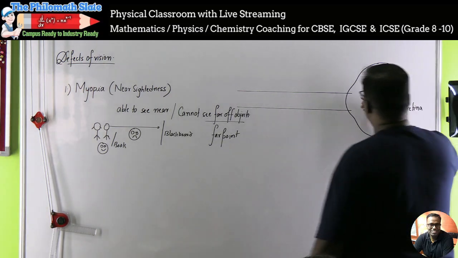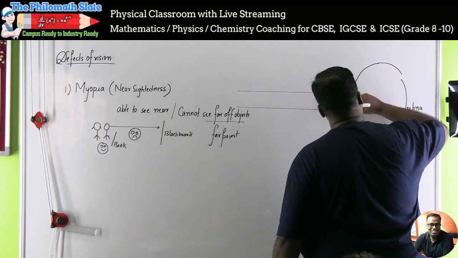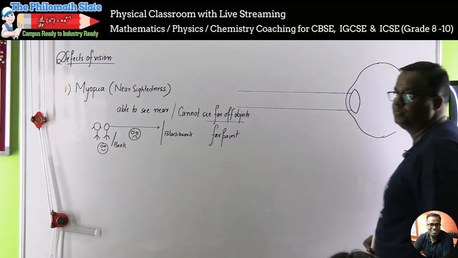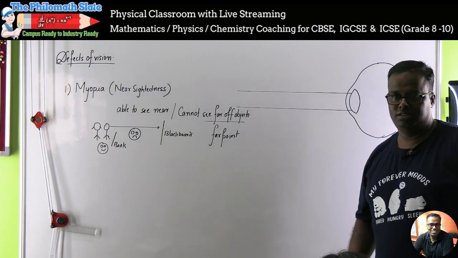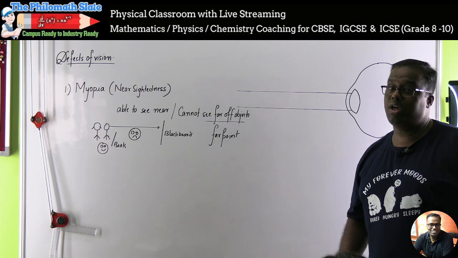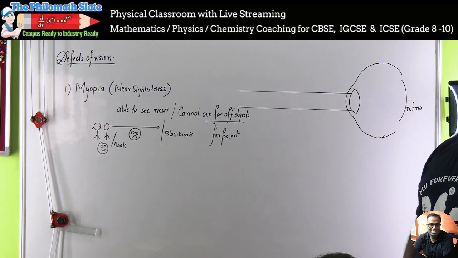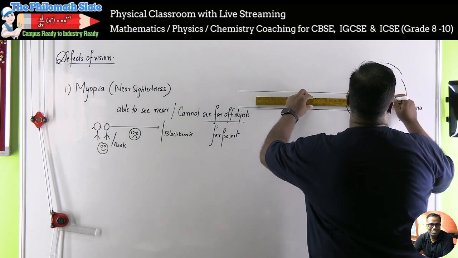But in the case of myopia, कैसा हो रहा है? You have got too much of a bulging lens. आपके लेंस का कन्वर्जेंस ज्यादा है, जितना होना चाहिए उससे ज्यादा है. तो क्या करेगा? कन्वर्ज करा देगा. कहां कन्वर्ज करा देगा? रेटिना से पहले कन्वर्ज करा देगा. तो आपको इमेज यहां फॉर्म हो रहा है.